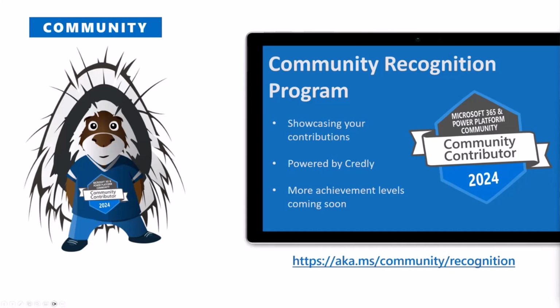And all you need to do to get the badge is to go to aka.ms/community/recognition, register your GitHub address with your email address, and when you do a contribution that is considered, we will send you a badge automatically. And we look forward to seeing what you have to contribute to the community, and we love all the work you do. Back to you, Vesa.